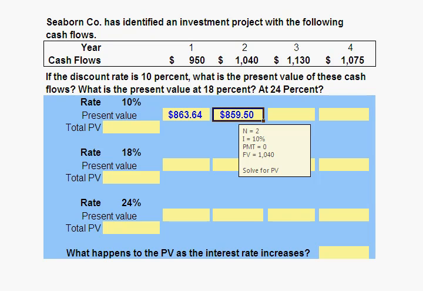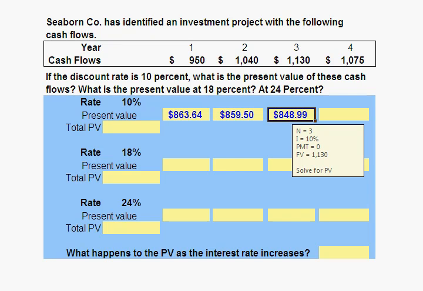The year 3 cash flow is discounted back for 3 periods, so we'll enter N equals 3, I still is 10%, our payment is 0. We'll enter the $1,130 as the future value and solve for a present value of $848.99.